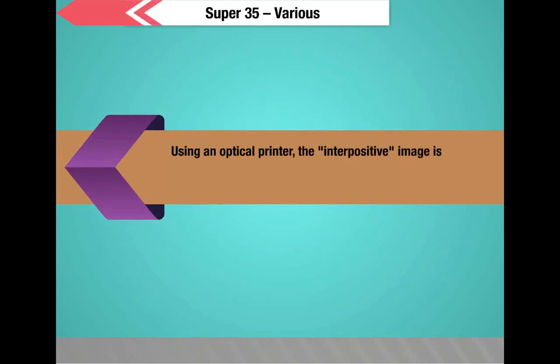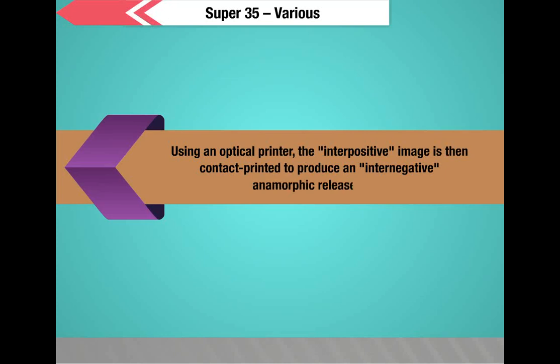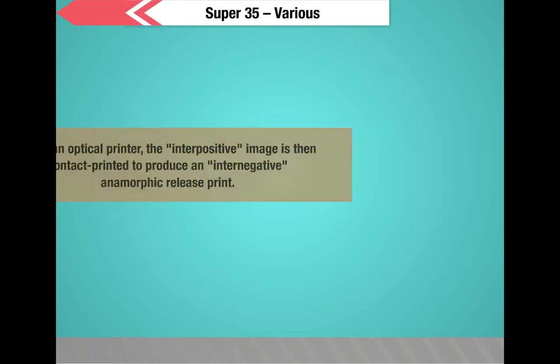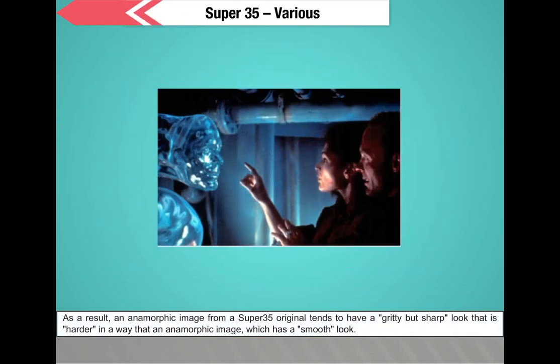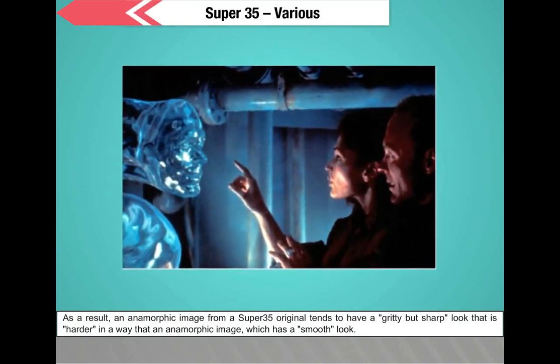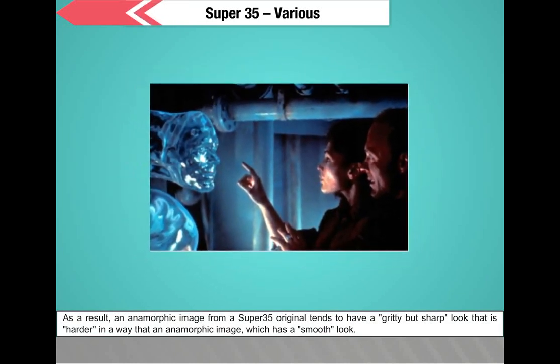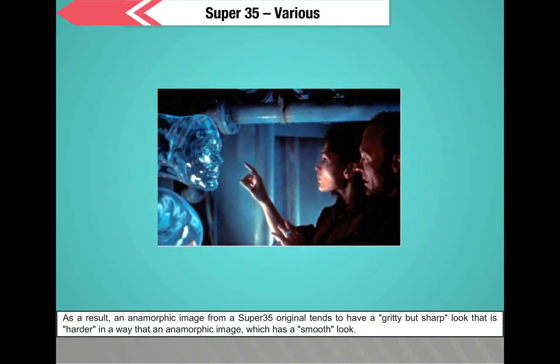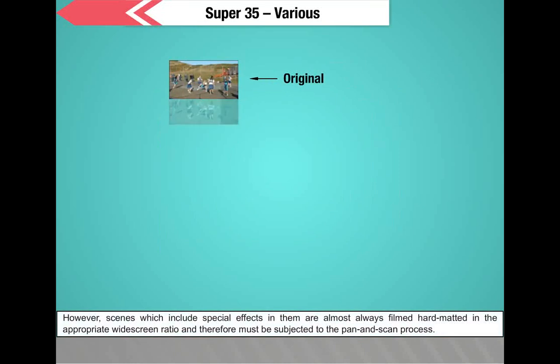Using an optical printer, the interpositive image is then contact printed to produce an internegative anamorphic release print. As a result, an anamorphic image from a Super 35 original tends to have a gritty but sharp look that is harder in a way than an anamorphic image which has a smooth look.